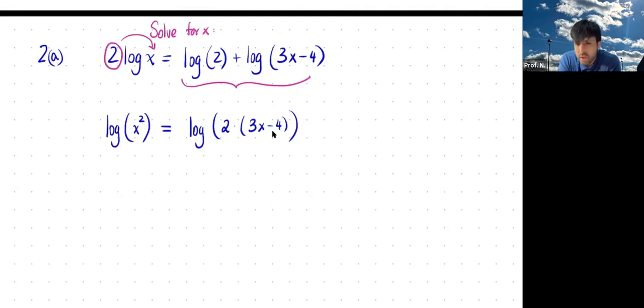To get rid of logs, you need to do the inverse function. What's the inverse function of log? It's exponentiating. Remember when we talk about log, y equals log of x, call it a function. Then the inverse of that function is 10 to the x.